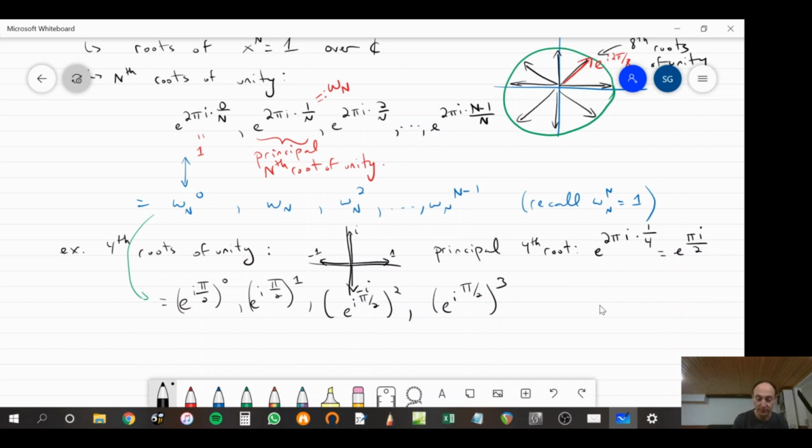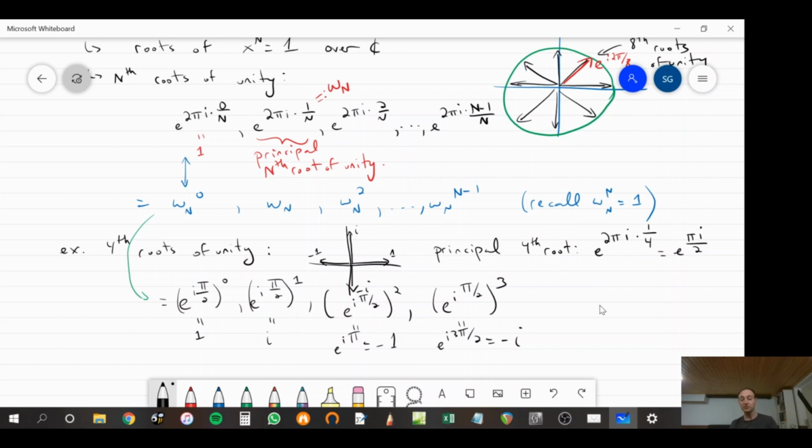Okay, and so what are these? Well, of course, this is 1. Anything to the 0 is 1. This thing is just e to the i pi over 2, which is i. This one is e to the i pi, so you go 180 degrees around the unit circle, so that means you're at minus 1 now. And finally, this one is e to the i 3 pi over 2, so you've gone 3/4 of the way around the circle, and that, of course, is minus i. Okay?